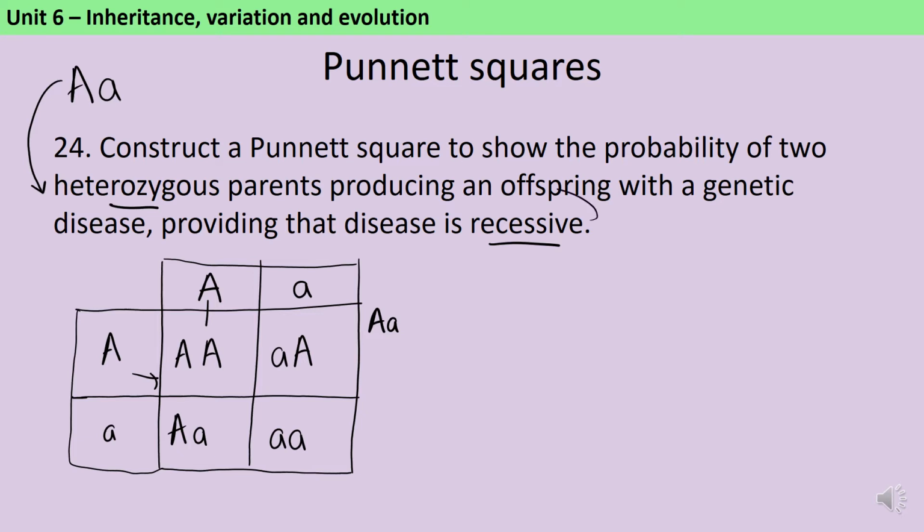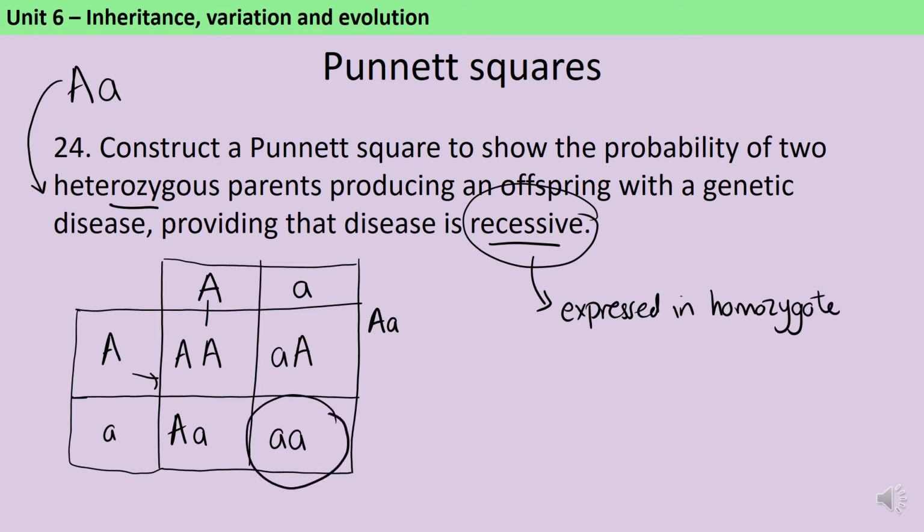And because this is a recessive disease, I'm only going to see this expressed in the homozygote. So in other words, even if another offspring has one copy of the allele, they're not going to have the disease. So it's only going to be this individual out of the 4 that has the disease. So therefore my probability will be 1 in 4.